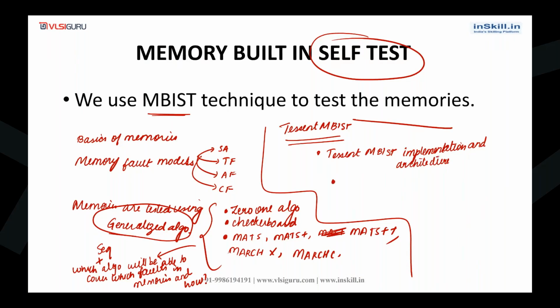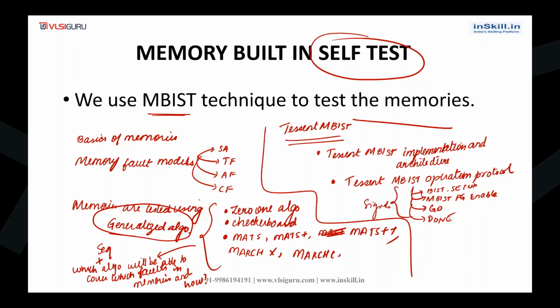We will cover the Tessent MBIST operation protocol. We'll understand about BIST setup, MBIST PG enable, go, and done. While understanding the operation protocol, we'll understand all these signals: what the BIST setup signal is, what the MBIST PG enable signal is, what the go signal is, and what the done signal is.